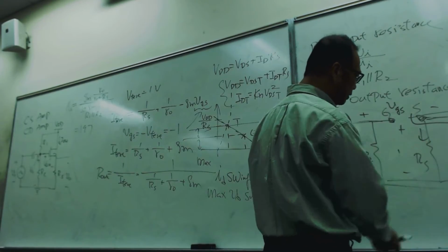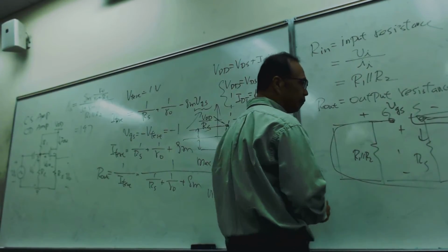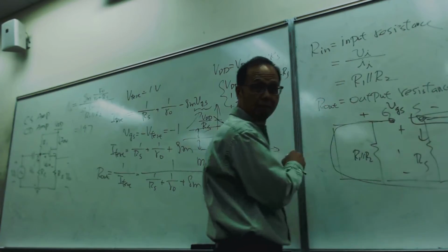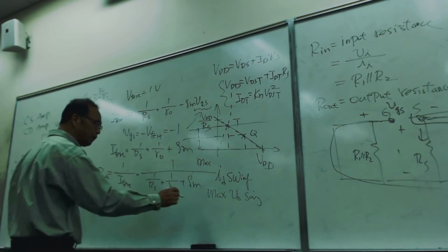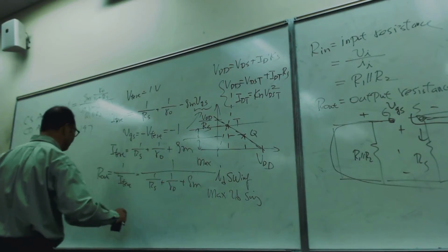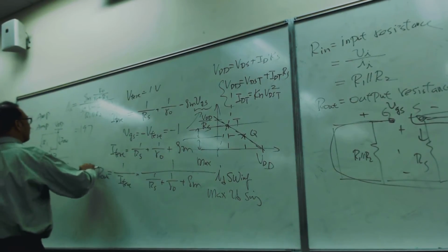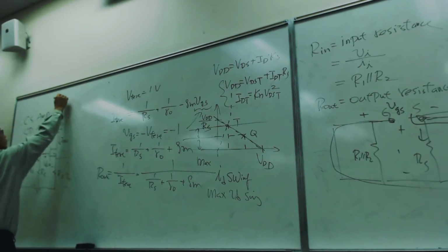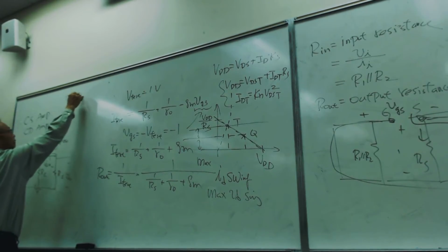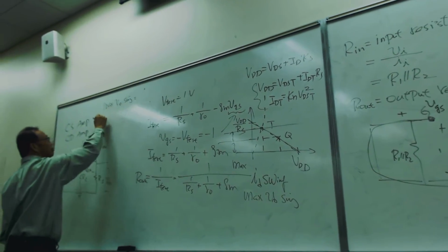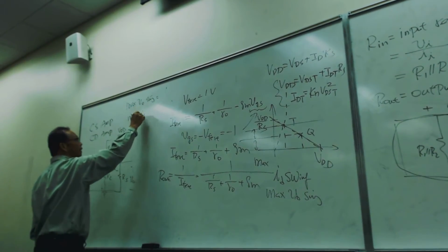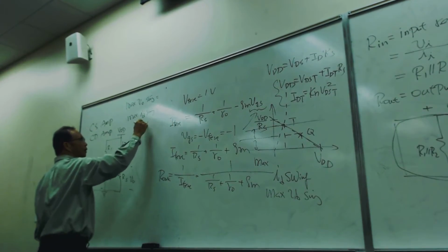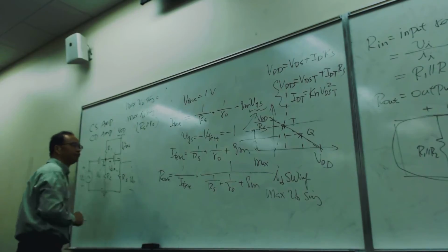You have to look at the circuit. It's I sub D times the parallel of the two. So the maximum V sub O swing is equal to the maximum I sub D swing times R sub S in parallel with R sub O.